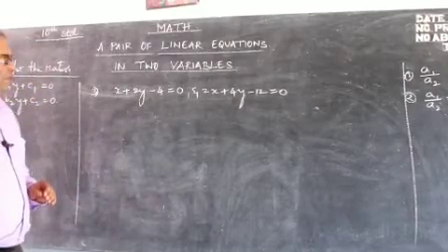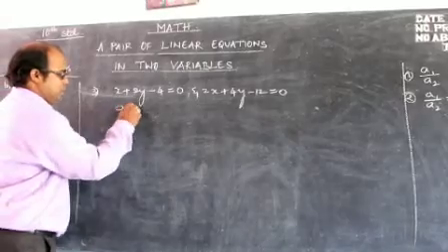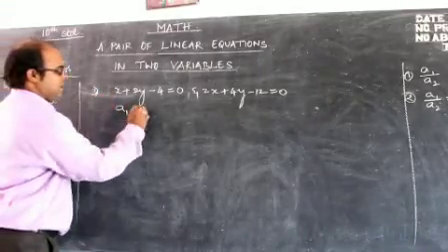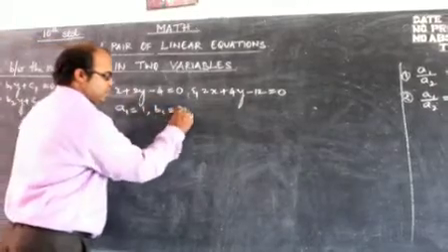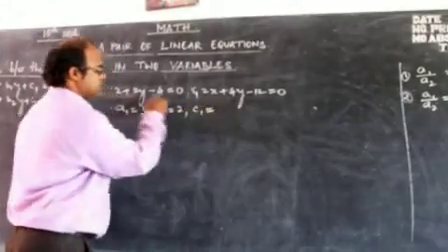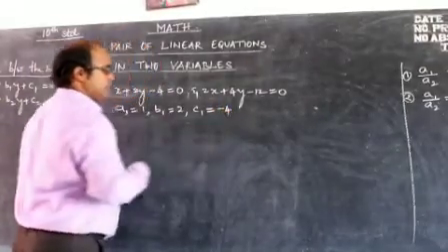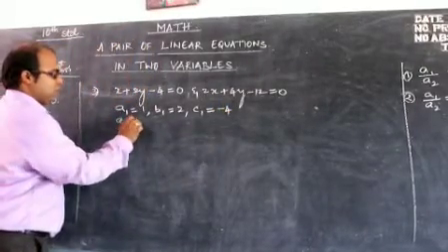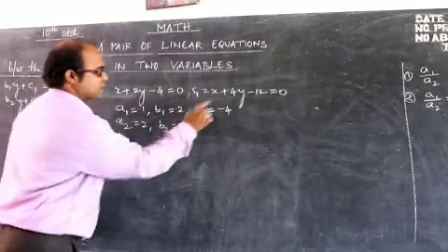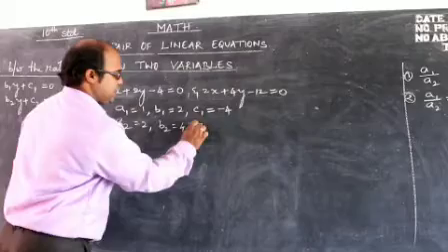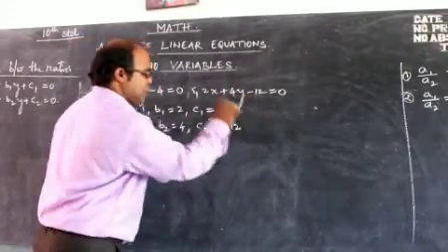First step, find the constants. A1 value is 1, B1 value is 2, C1 value is minus 4. Then A2 value is 2, B2 value is 4, C2 value is minus 12.